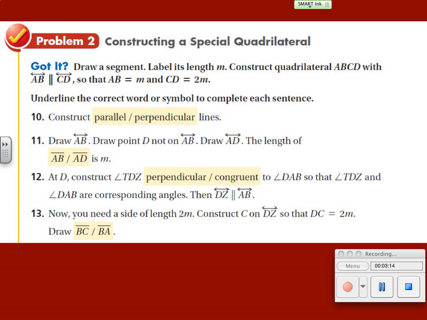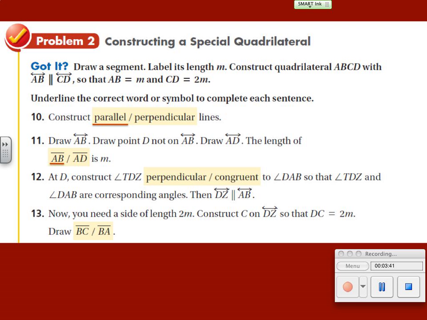We're going to do this one tomorrow also. So number 10, we're going to underline the correct word or symbol to complete each sentence. Construct parallel lines, because we want 2 lines, AB and CD, parallel. We're going to draw a line AB. We're going to draw point D, not on AB, and then we're going to draw AD. The length of segment AB is M.